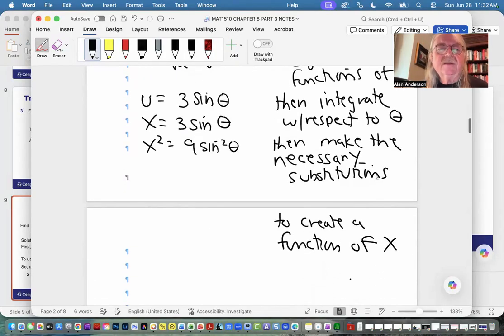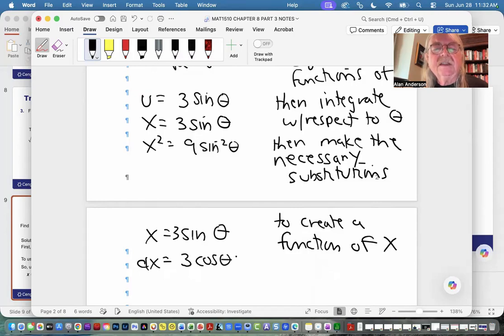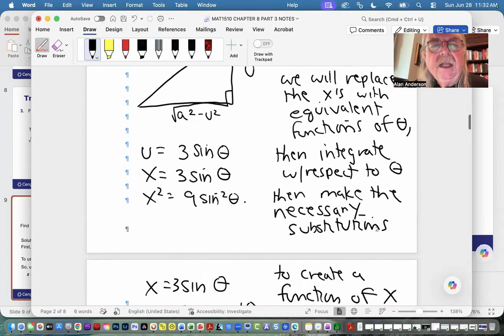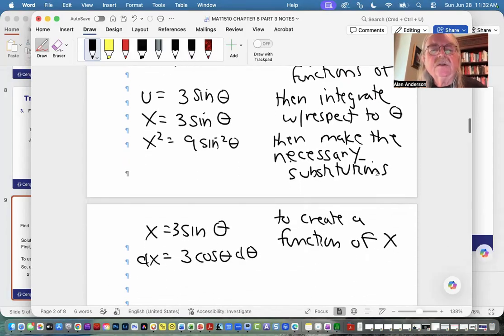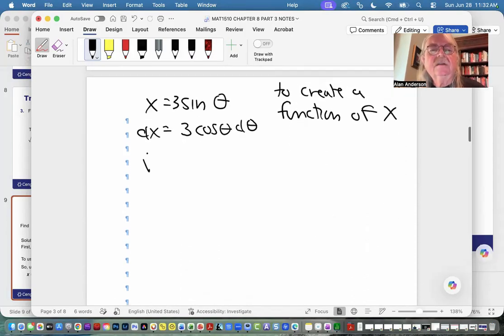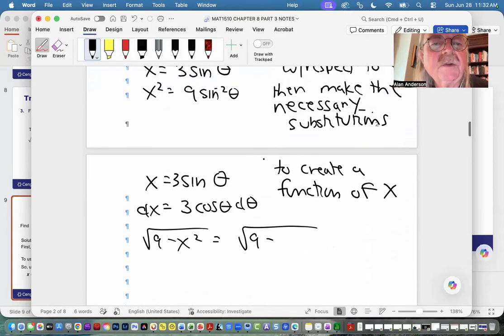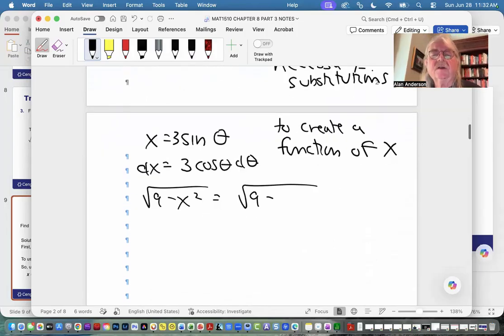It also means that dx is 3 cosine theta d theta. It also means that the square root, radical 9 minus x squared, 9 minus 9 sine squared theta.